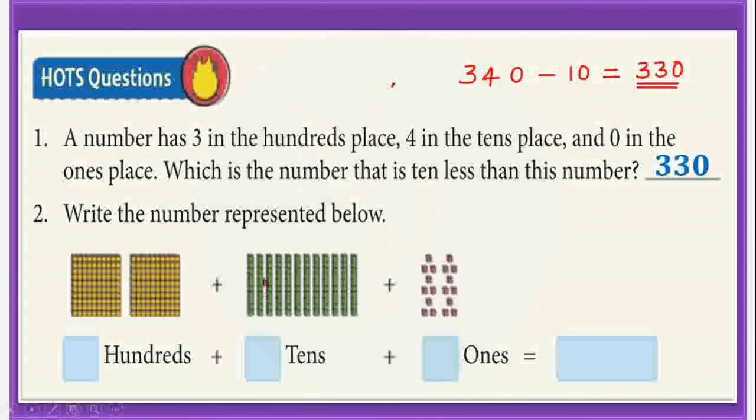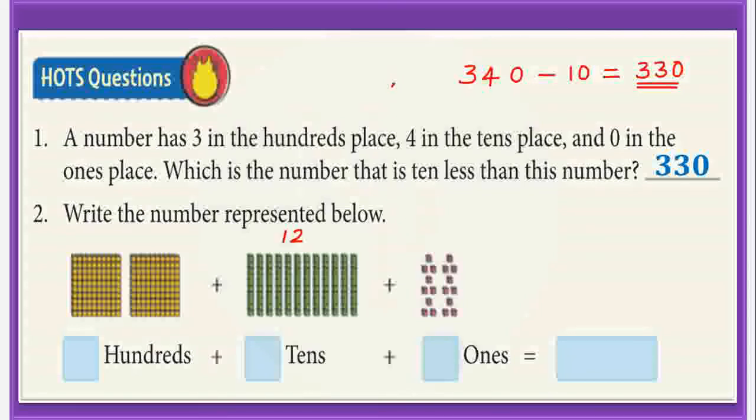And these lines of beads, in each line there will be 10 beads. So each of these represents 10. So how many tens do we have? 1, 2, 3, 4, 5, 6, 7, 8, 9, 10, 11, 12. See here, I will write above here, we have 12 tens.